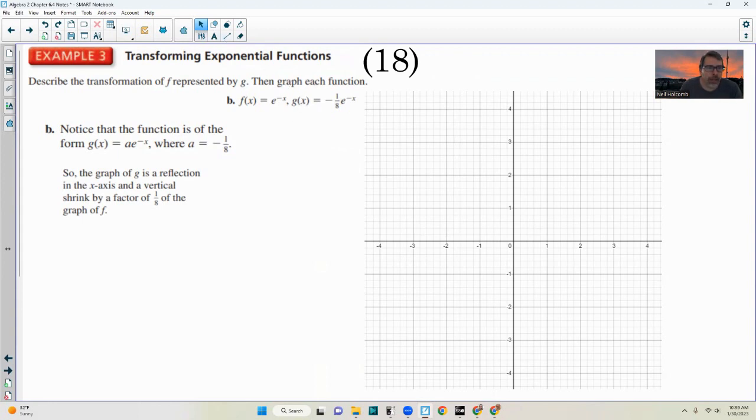Okay, so let's take a look at what that will do to the function. The initial f of x is going to be done in blue. So e to the negative, if that's 0, e to the 0 is 1. e to the negative 1. I'm going to use my calculator here.